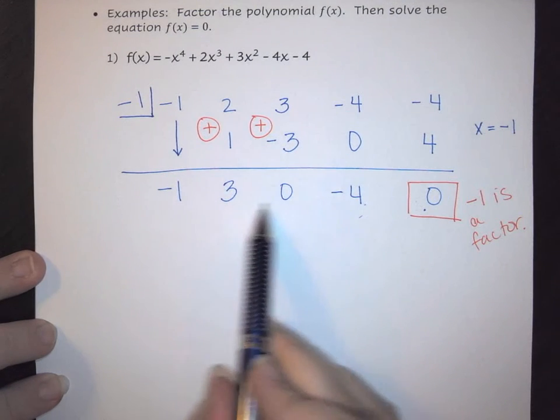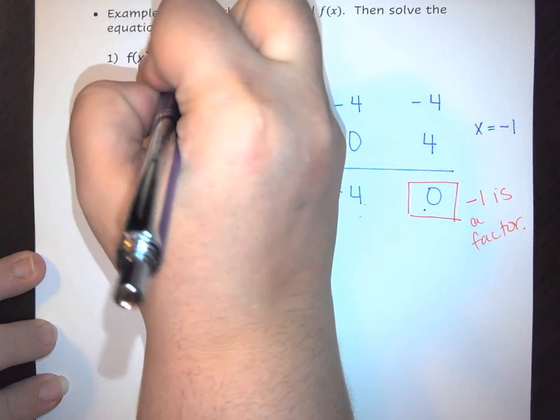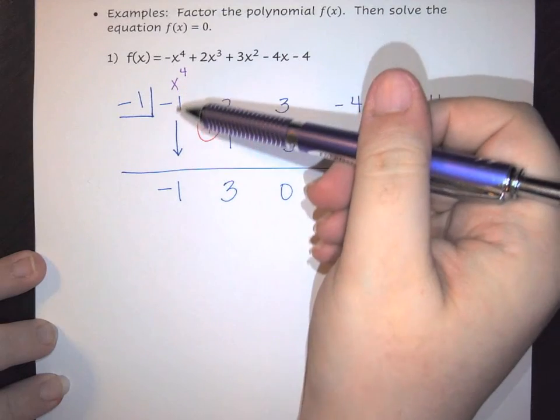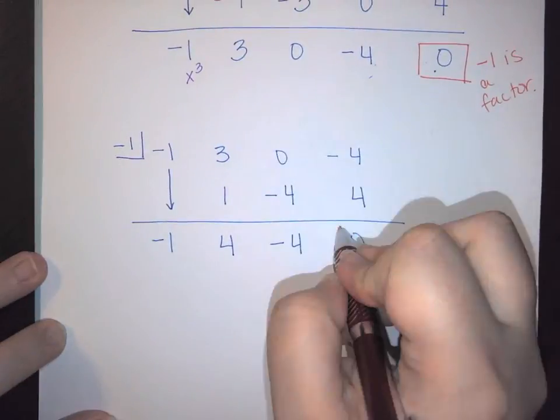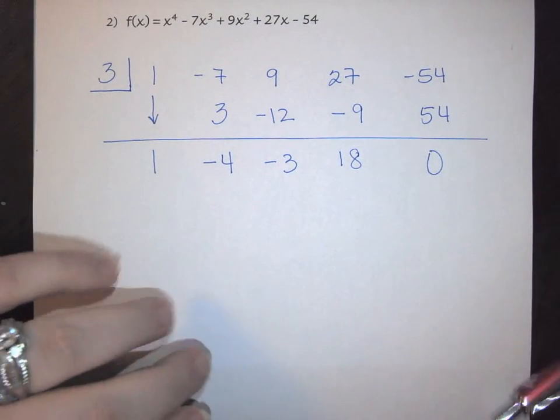We now have a new equation. So one of the things that you need to remember is that this equation was an x to the 4th. The arrow here is going to bring it down, so that this is now an x to the 3rd equation. Okay, so we have removed one of our powers.